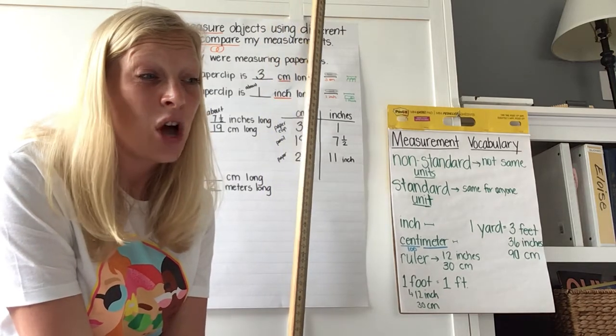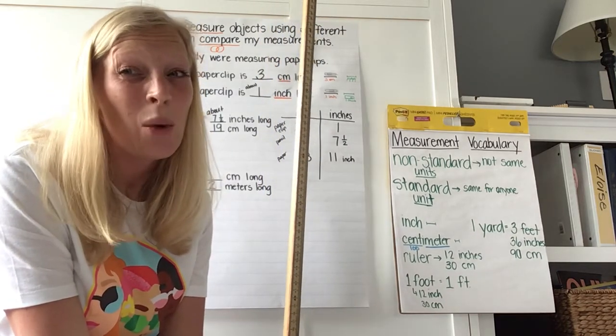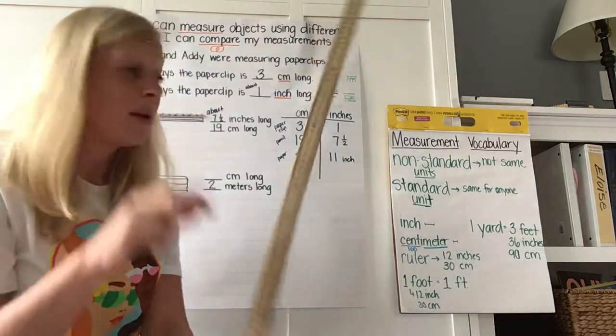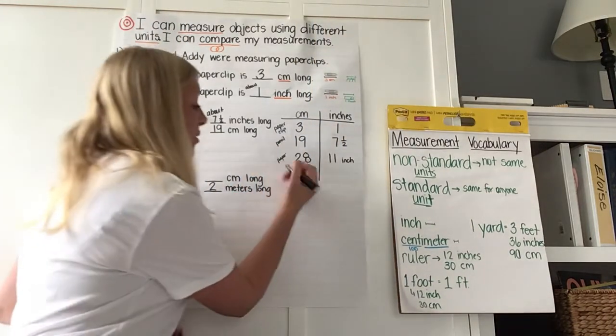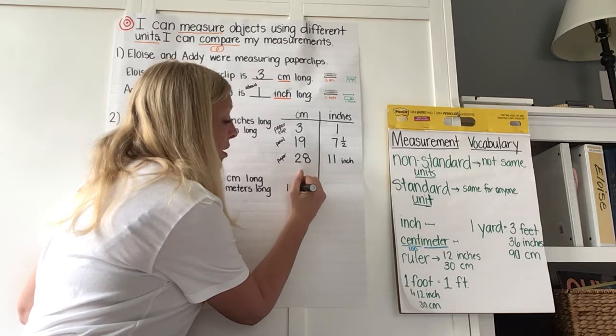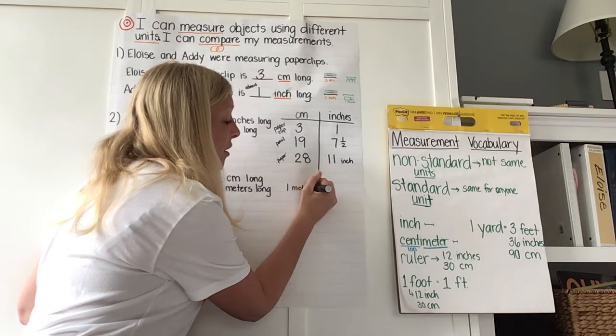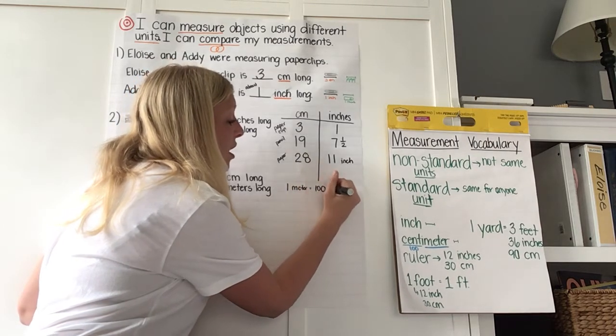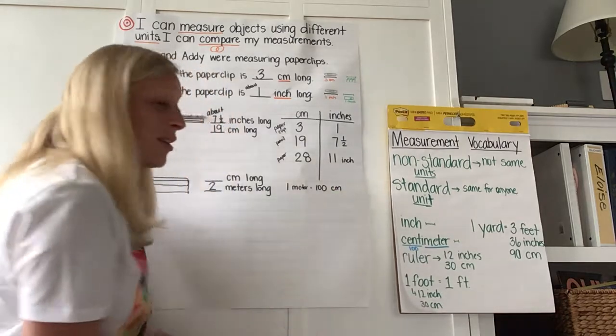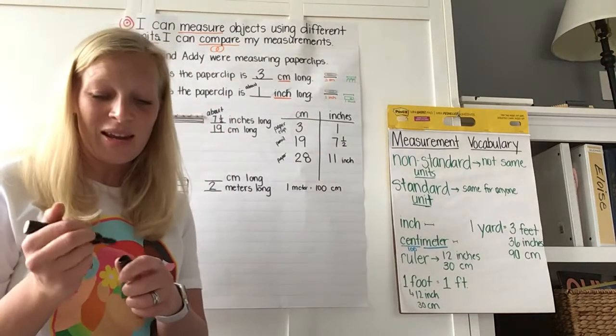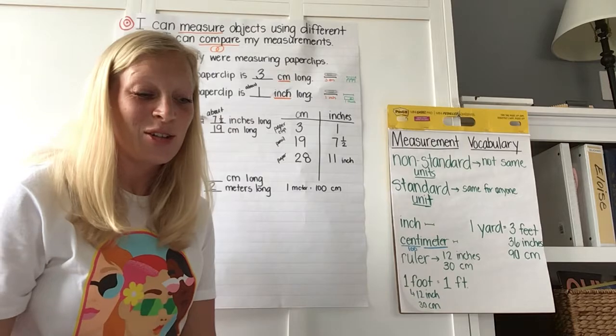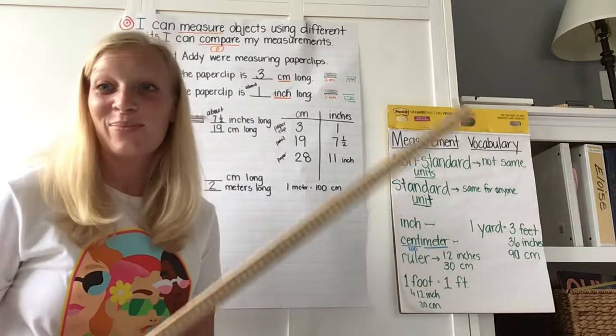How many centimeters long do you think my bed was if it was 2 meters? Now remember, 1 meter equals 100 centimeters. So how many centimeters do you think my bed was?